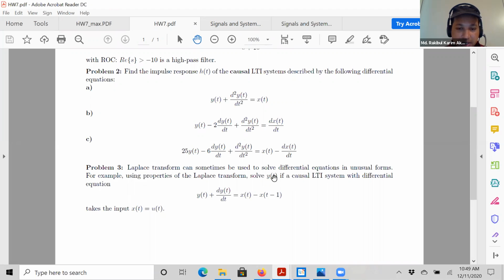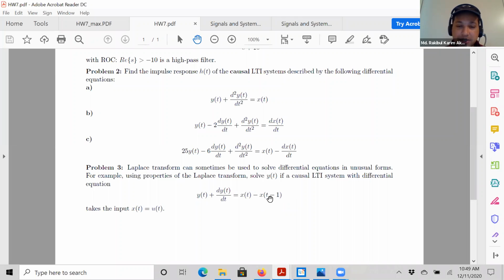Only difference is here xt actually has some value. xt is ut. So at first we can write yt in the Laplace domain, similar to problem 2. This one is sys, s times xs. Sorry, this is not s times x, this is only xs, because this is not differentiation, only x.